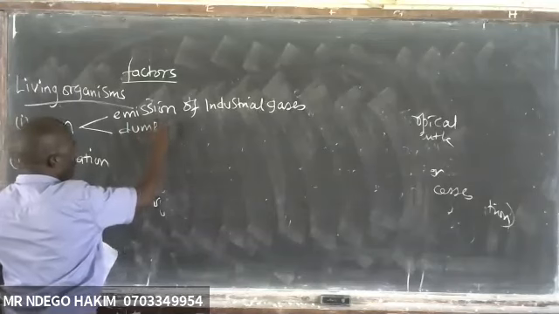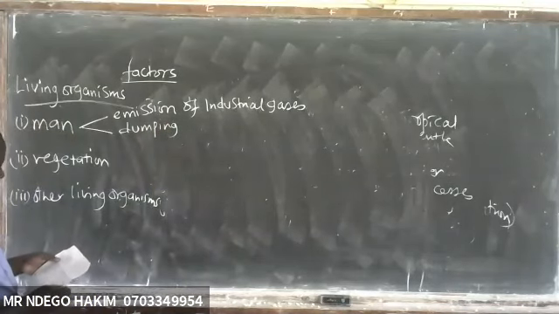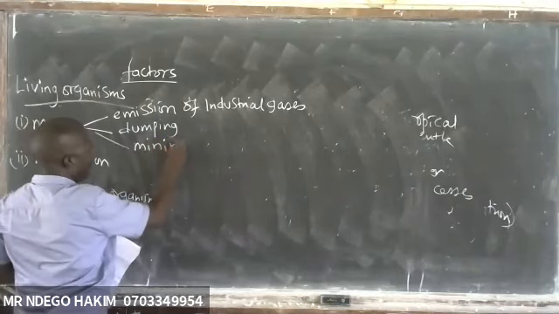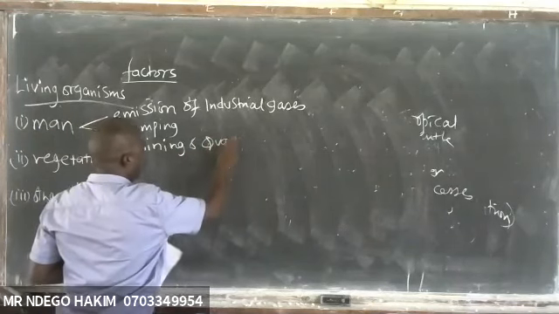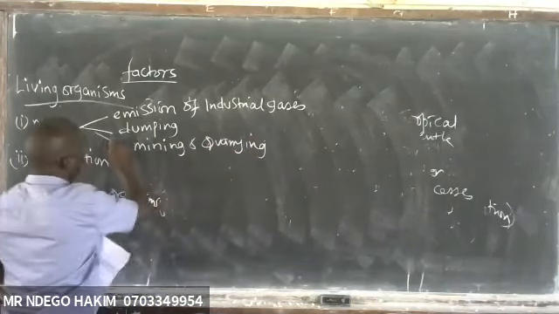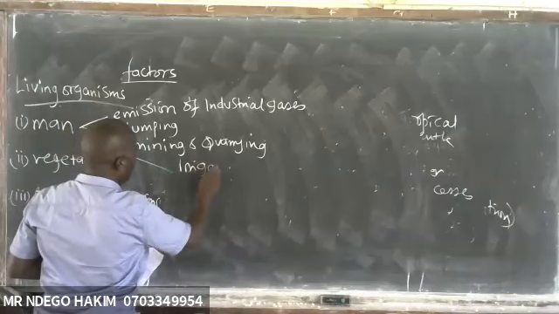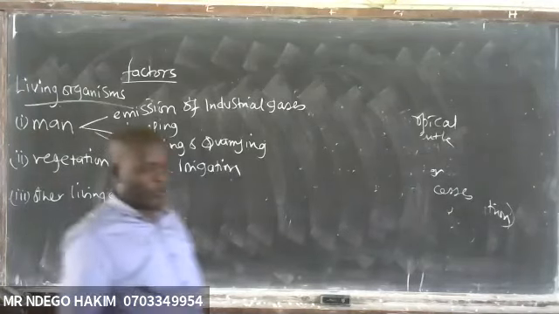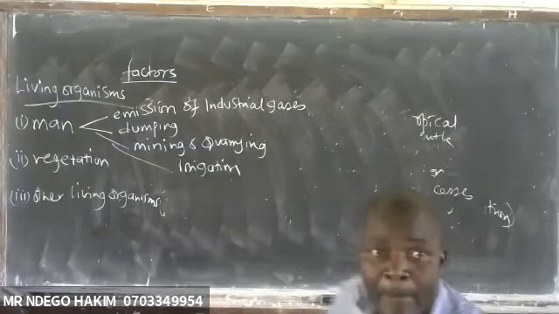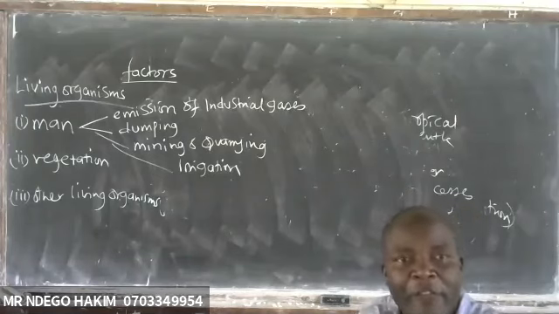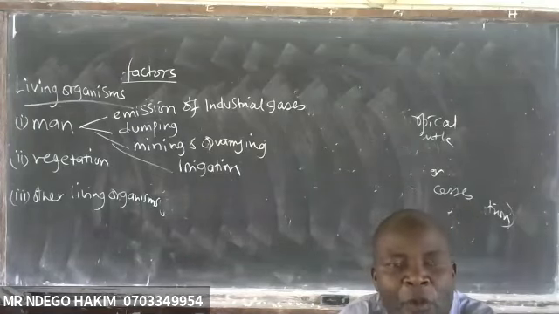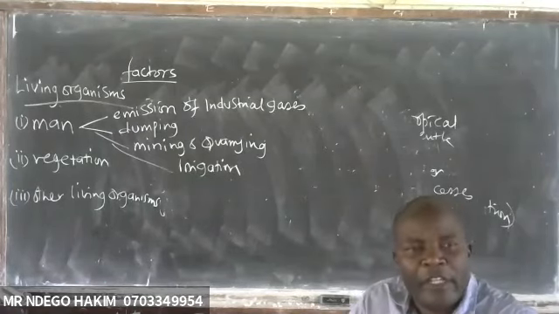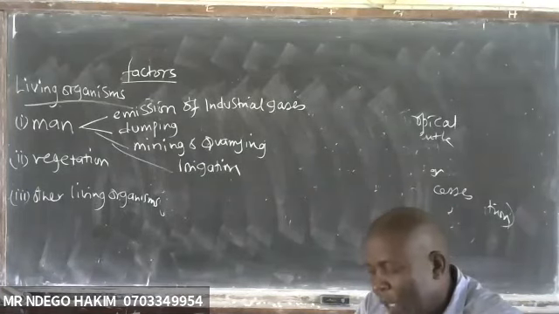Dumping, that's the second. Mining and quarrying, and then irrigation. So, living organisms, including man, vegetation, then other living organisms.